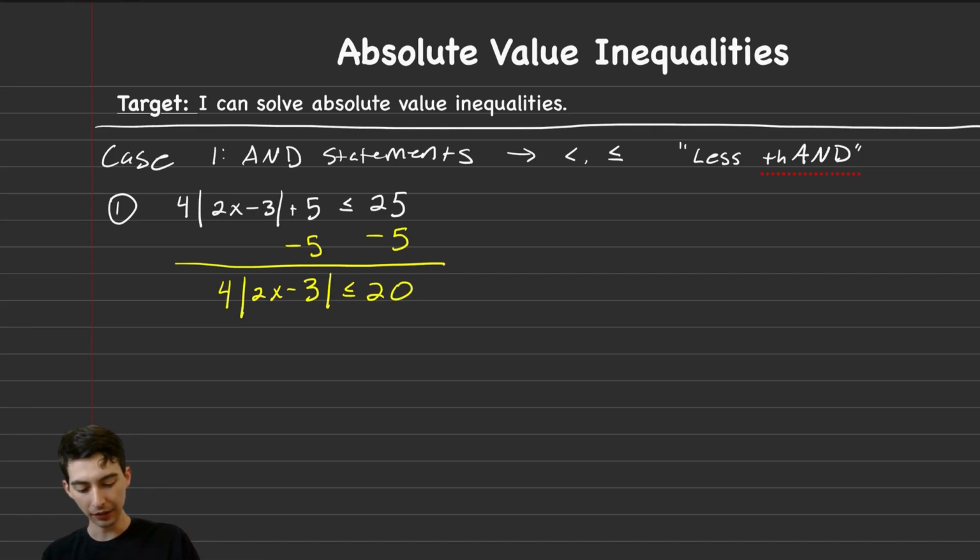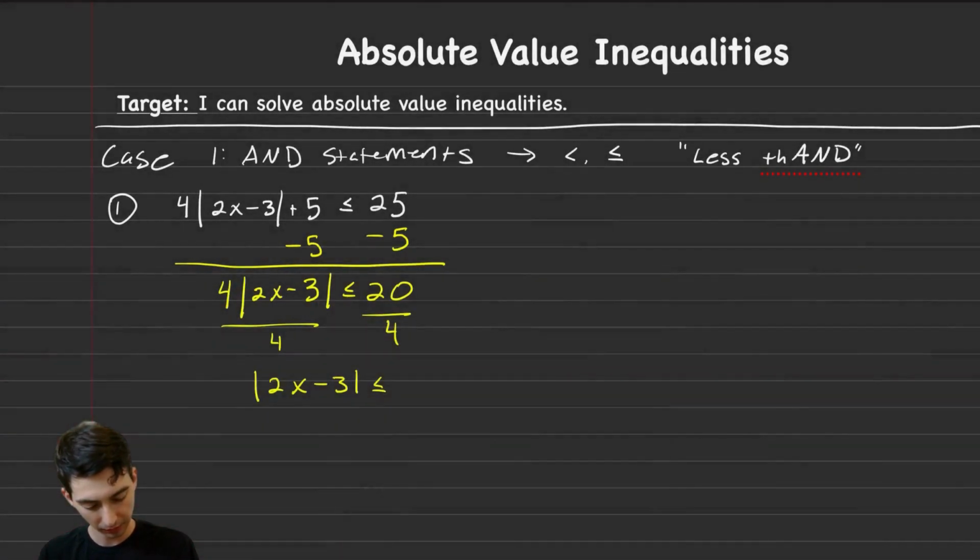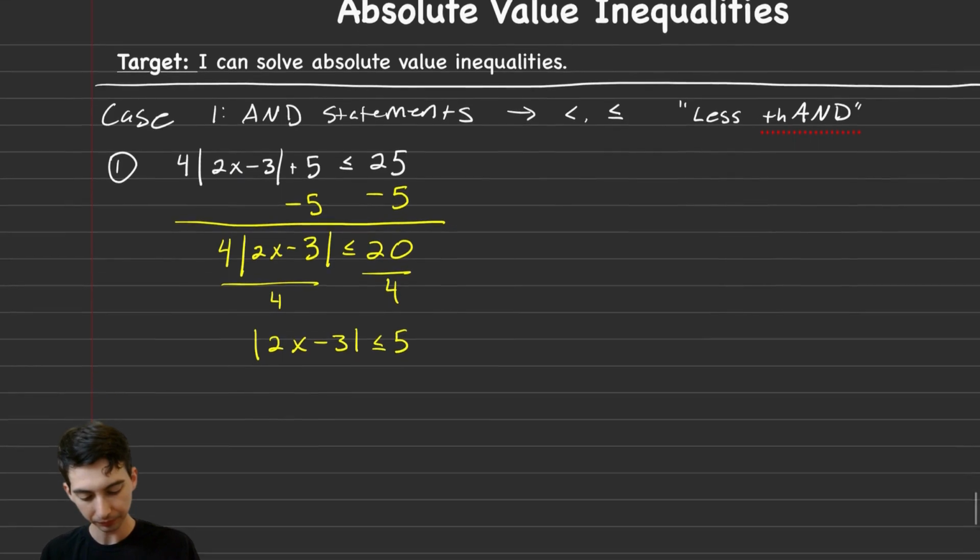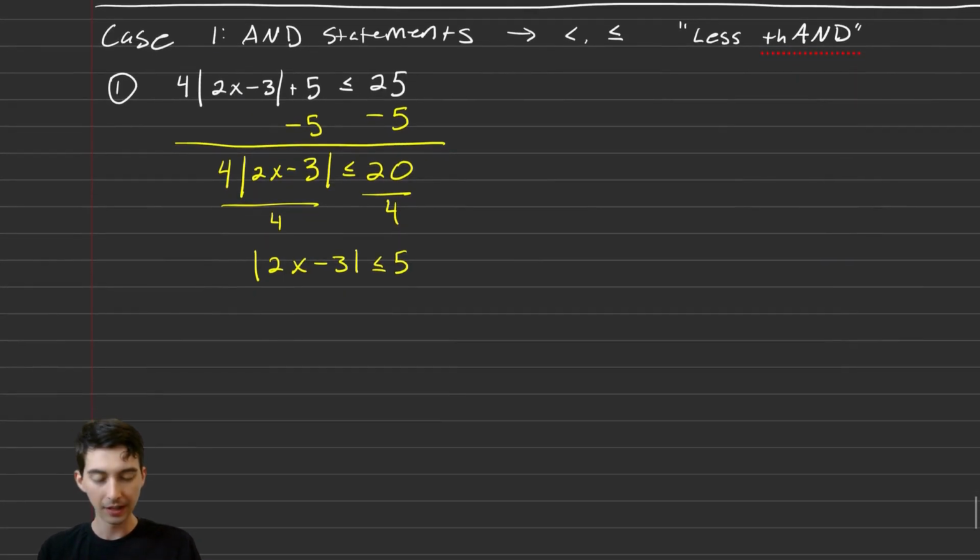And now I still have this 4 being multiplied to the absolute value. So I can divide both sides by 4 so that those 4s cancel out. And I'm just left with the absolute value of 2x minus 3 is less than or equal to 5.